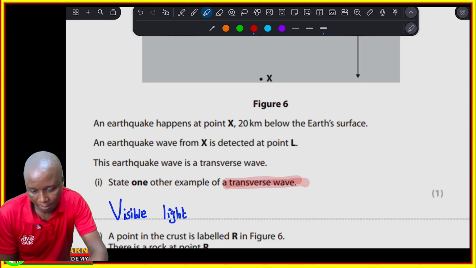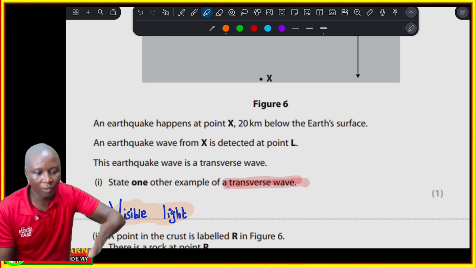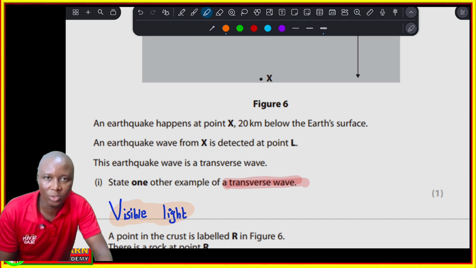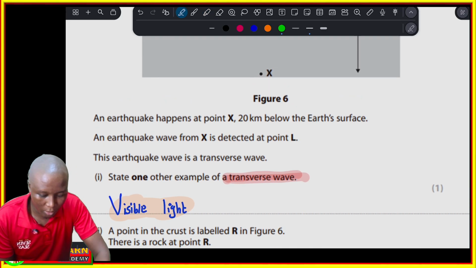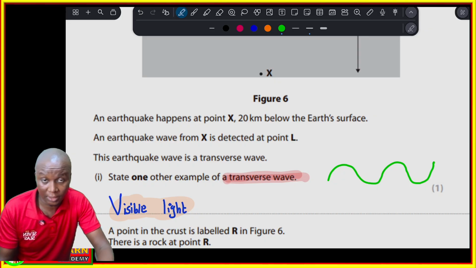An example is light waves; all waves in the electromagnetic spectrum are transverse waves. If you move a rope up and down, it displays a transverse wave. Water waves are also transverse waves, because particles in water move up and down. Transverse waves are characterized by crests and troughs.